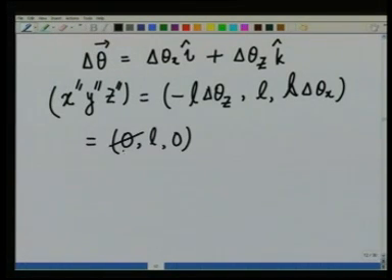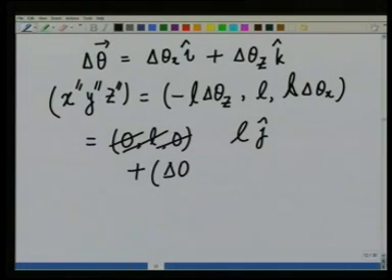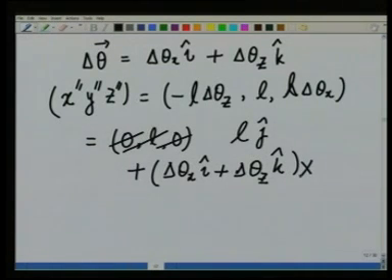Let me write this in the vector form. L j plus delta theta x i plus delta theta z k cross the original vector, which is L j.